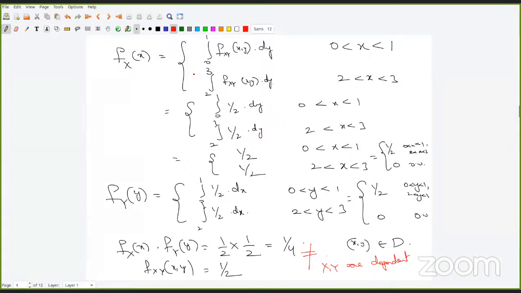If the support of y is the same for all regions, then they're all independent. No, that is what we said, right? Be cautious about the independence case. It doesn't mean that if your support of y doesn't change, they are independent.